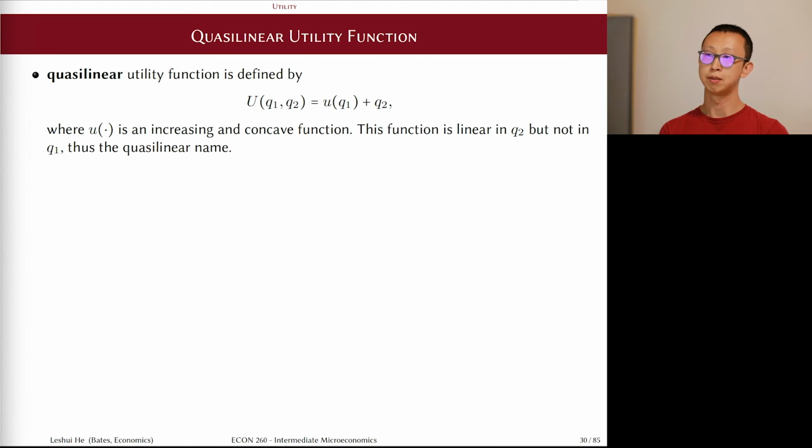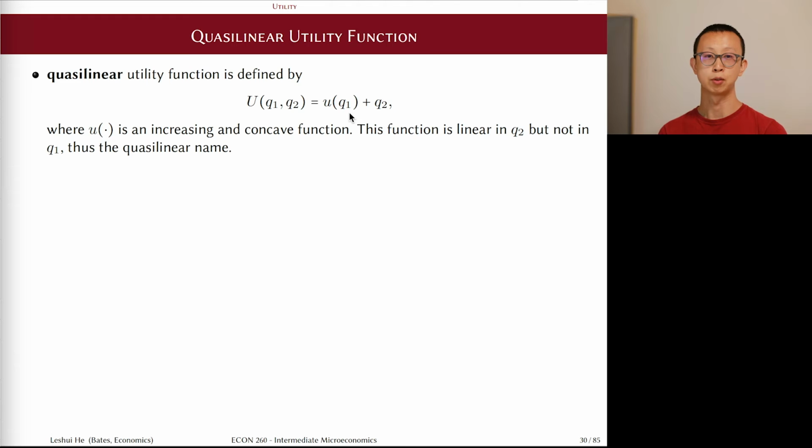This type of utility function, again, is a function of q1 and q2, taking this particular form. It is a function of q1, which is usually nonlinear, added to q2 by itself. So this function is linear in q2, but not linear in q1.